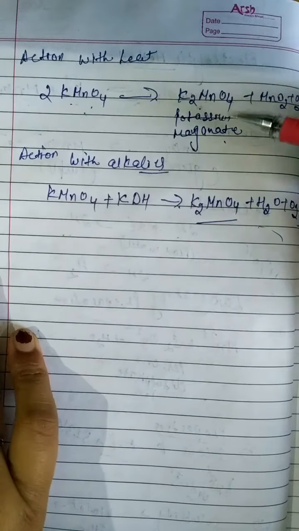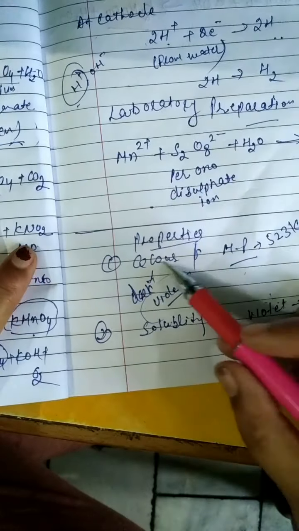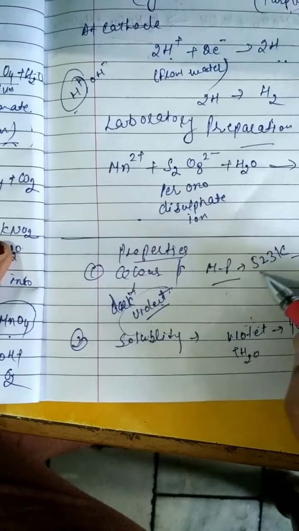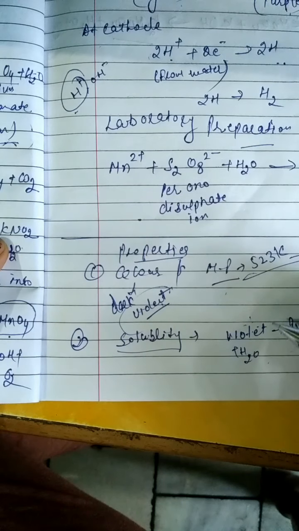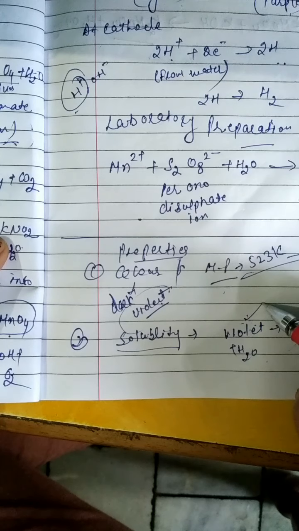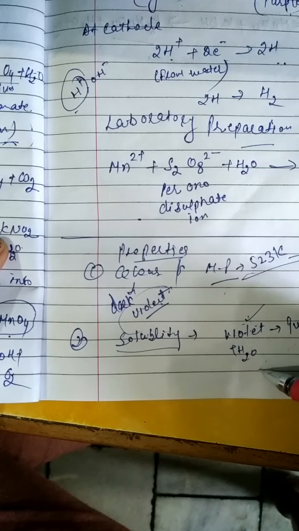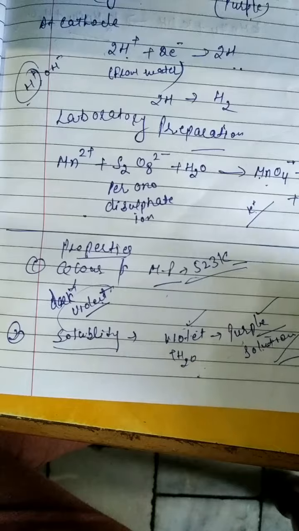Clear? Let us recap. Firstly, color: it is violet in color and the melting point is 523 Kelvin. Second is solubility: it is easily soluble in water. Firstly it is violet, and after dissolving in water it is converted into a purple colored solution.